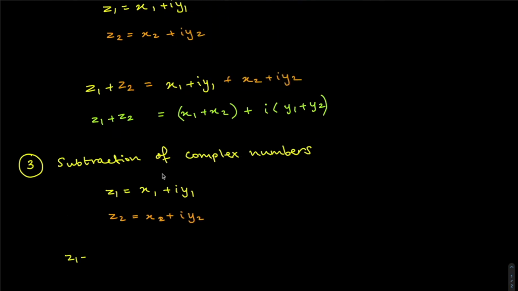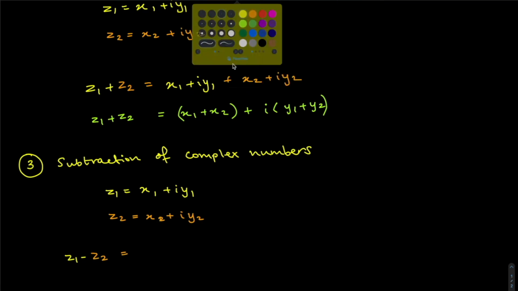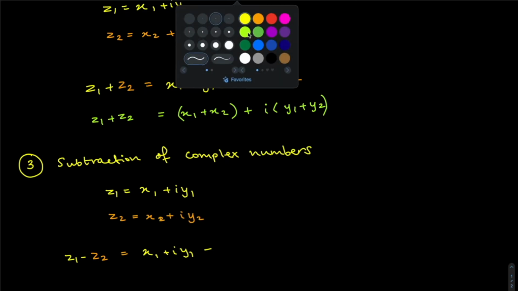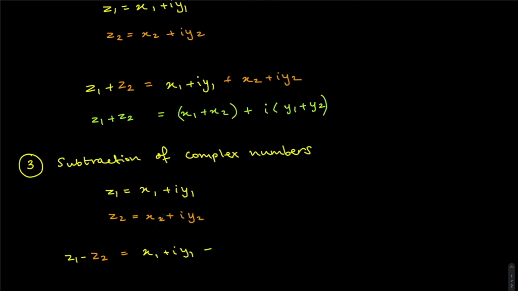Z1 minus Z2 will be X1 plus iY1 minus, now be careful here, it's not going to be minus X2 plus iY2. You're going to have to distribute the entire minus sign to both terms.